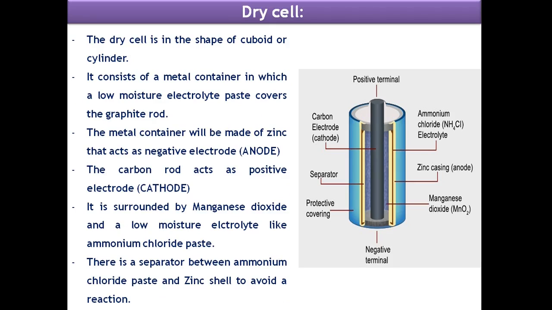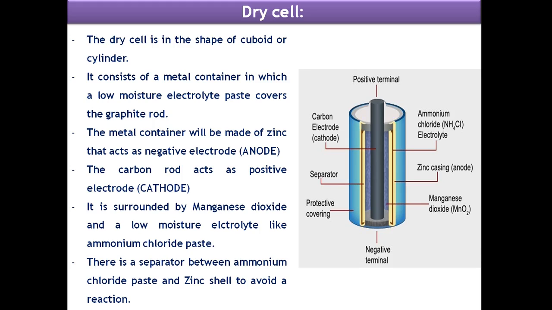Now let us cut open a dry cell to observe the chemical components. Inside a dry cell, there are certain chemicals which react with one another to produce electric energy. The dry cell is in the shape of a cuboid or cylinder. It consists of a metal container in which a low moisture electrolyte paste covers the graphite rod or carbon rod or a metal electrode.